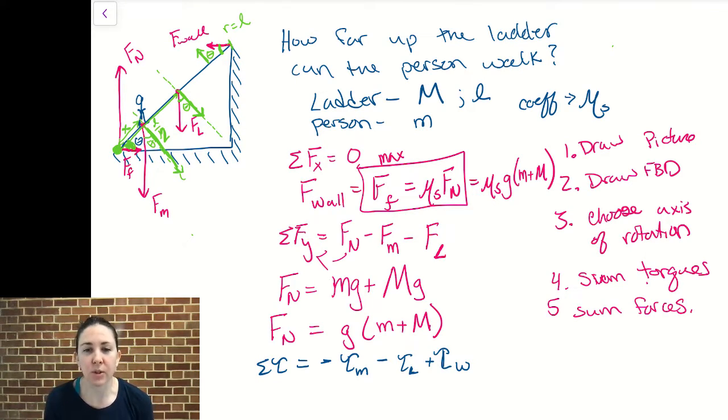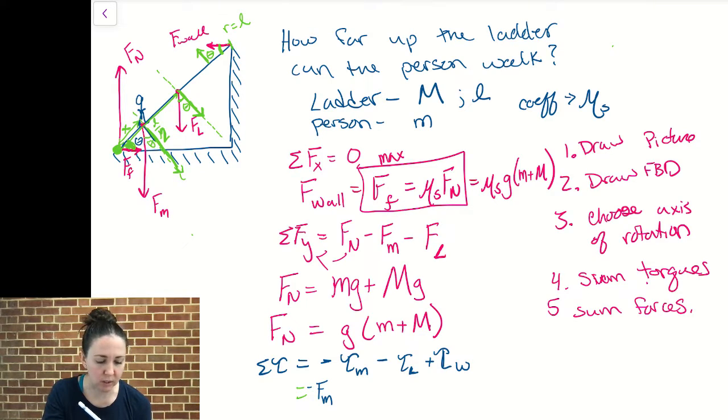All right, so the sum of the torques equals negative the perpendicular force of the man.